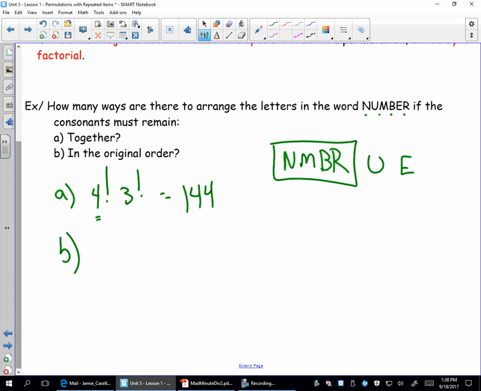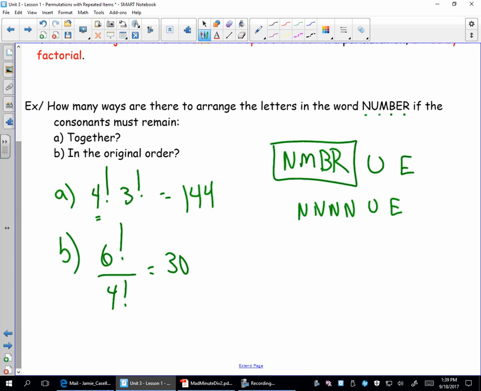But if I do the second one in the original order, the N, the M, the B, and the R, they can't change the order. I can't do the 4 factorial at the beginning. That doesn't matter. I can't change them. So what I need to really think of this as is, well, it's basically like having 4 letter N's, a U, and an E. So I've got 6 things altogether, and I've got 4 of them that happen to be the same.